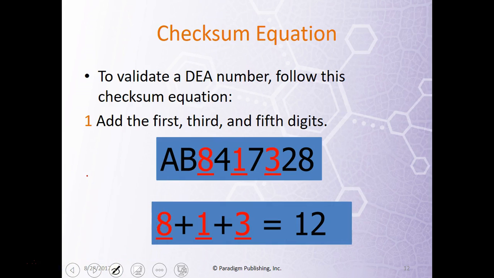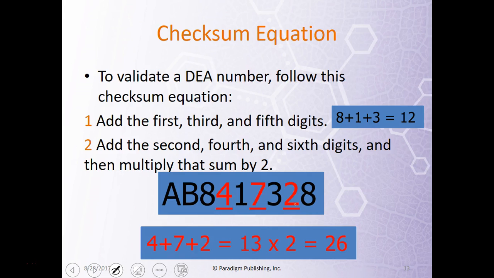So to do this, we need the first, third, and 5th digits, and we add them together. So 8 plus 1 plus 3 is equal to 12, and we'll need that in just a moment.